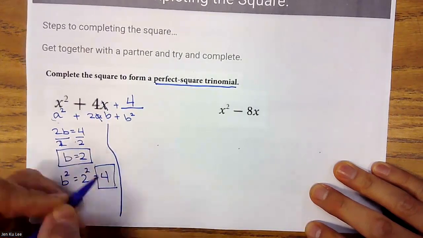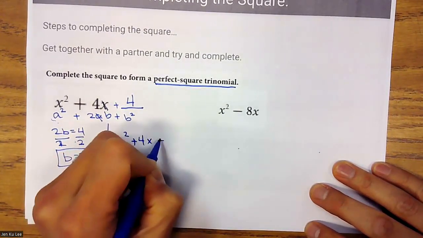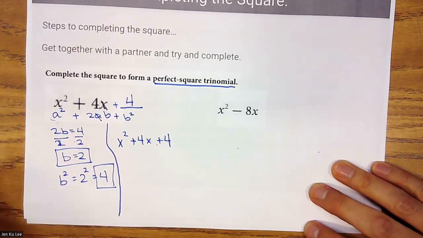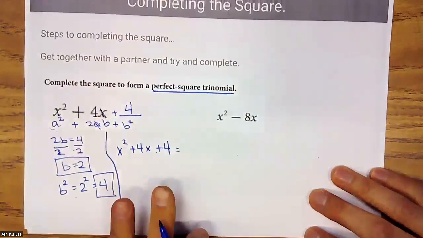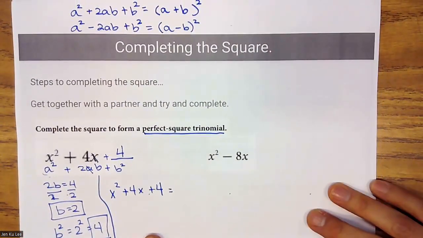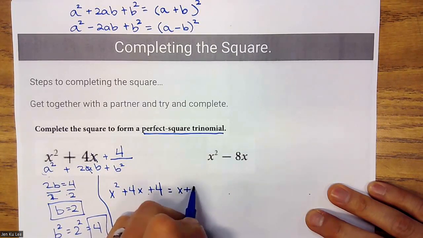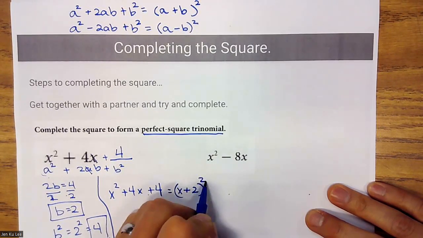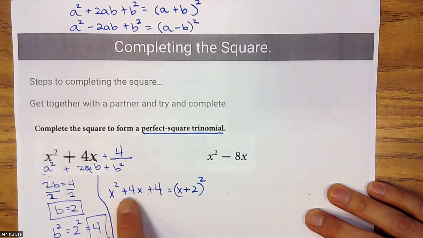This side of the equation is x squared plus 4x plus 4, right? And that breaks out to be, if we use the special form up there, x plus 2 quantity squared. If you don't know how the special form works, factor this out.